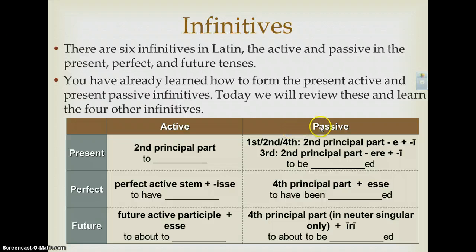The present passive infinitive, which translates to be blanked, forms one way for the first, second, and fourth conjugations, and a slightly different way for the third, and third IO for that matter. So, first, second, and fourth conjugations, all you need to do is remove the final E and replace it with a long I from the present active infinitive, and you have your present passive.